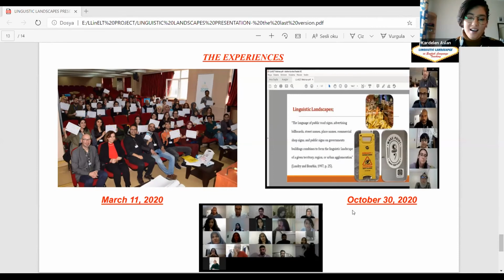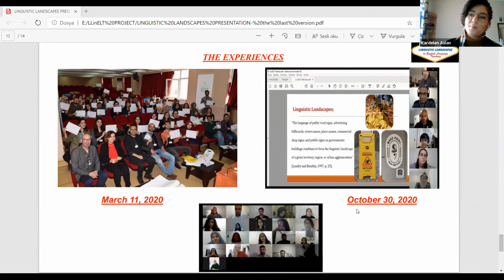And also it's remarkably decent to be a part of this spectacular project, and I'm really delighted and thankful for this. And I can clearly say that I'm looking forward to using linguistic landscapes in my lessons when I become a real teacher, because I will integrate some visual elements I have seen here.